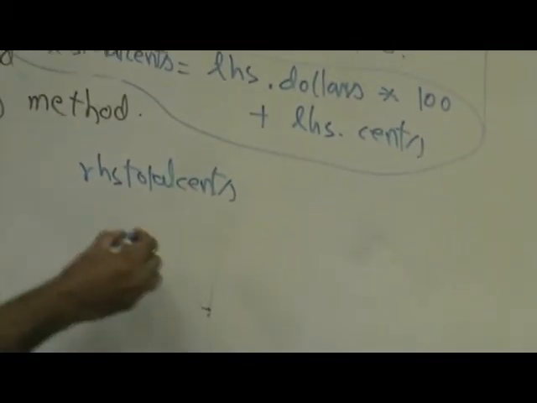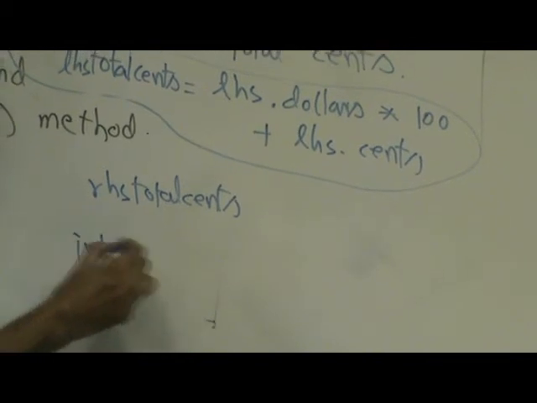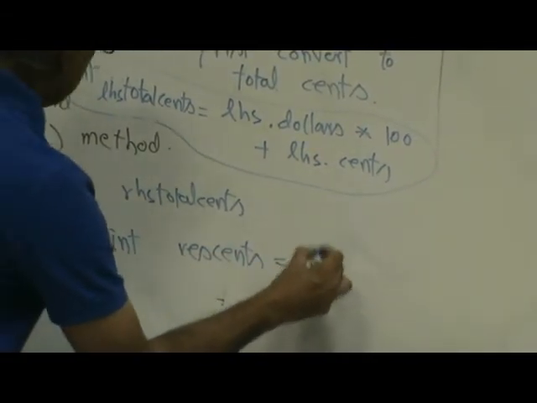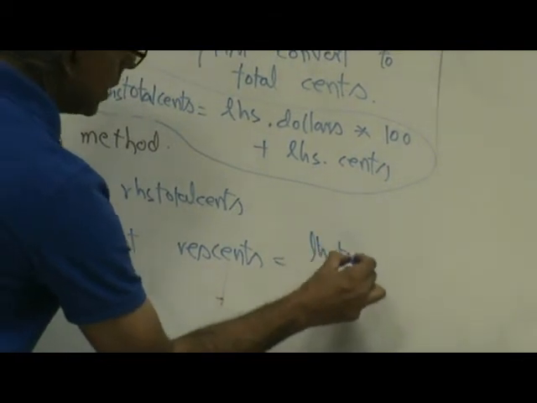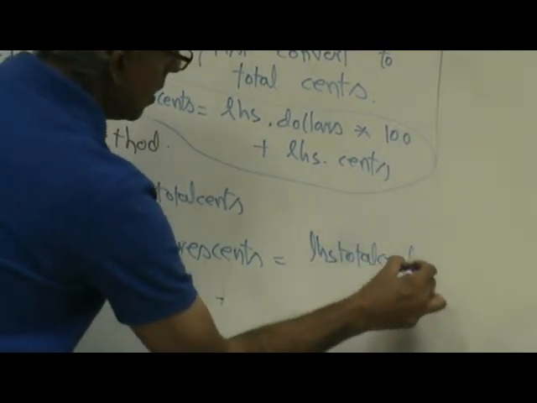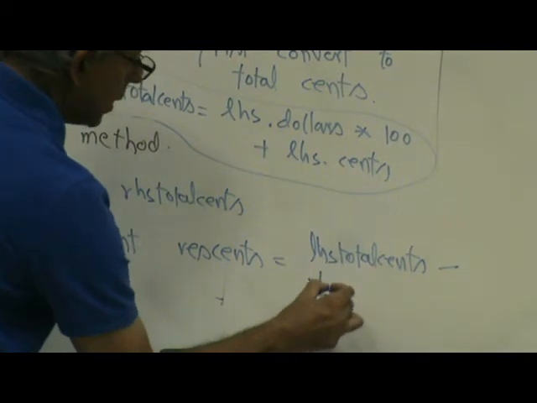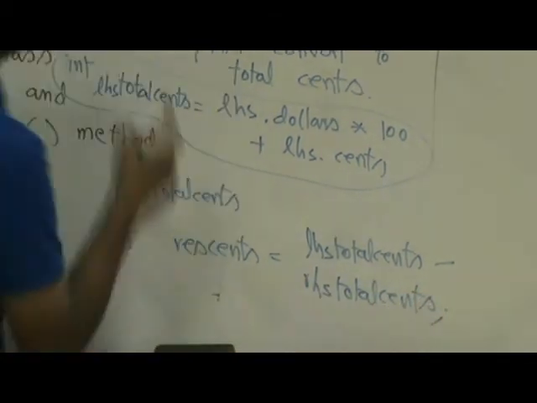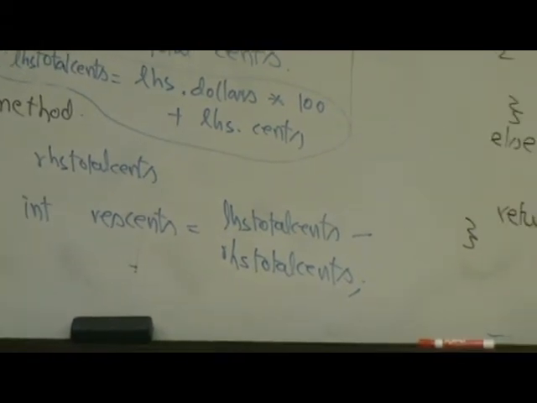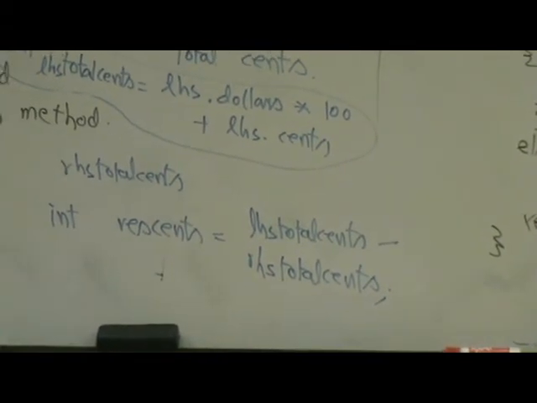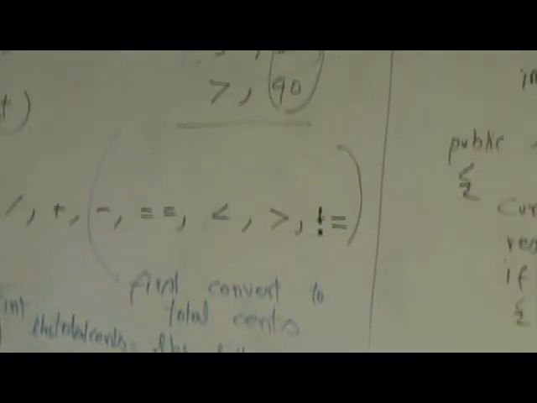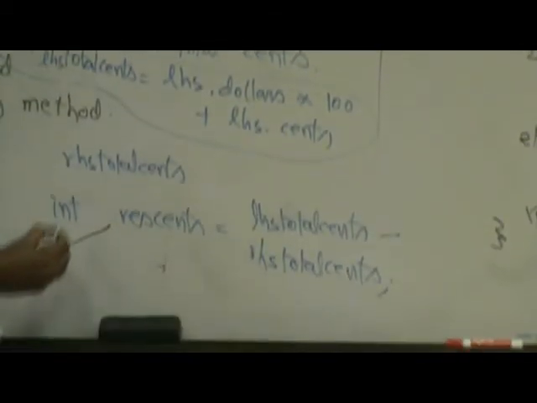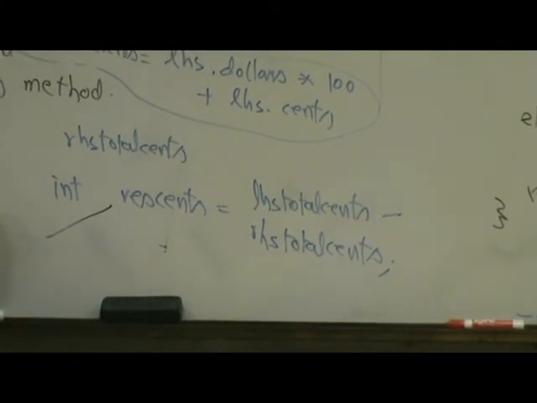Okay. Then result cents will be LHS total cents minus RHS total cents. Okay, so in this example, what will it turn out to be? 520 minus 790. So this will be negative 270, is that right? Yeah.